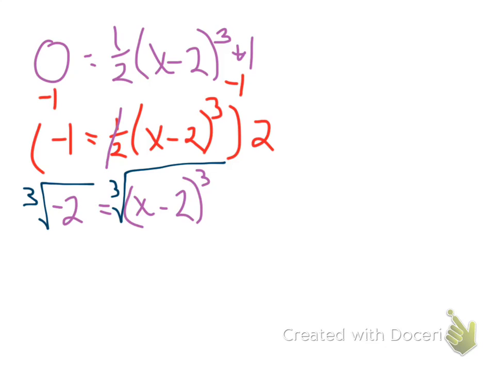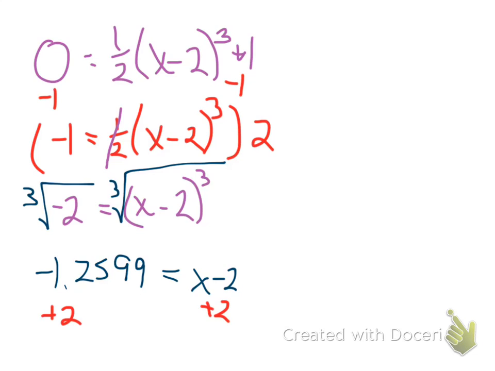The cube root of negative 2 is approximately negative 1.2599, and that's going to equal x minus 2. I then add 2 to both sides, and I solve for x to be about 0.740.